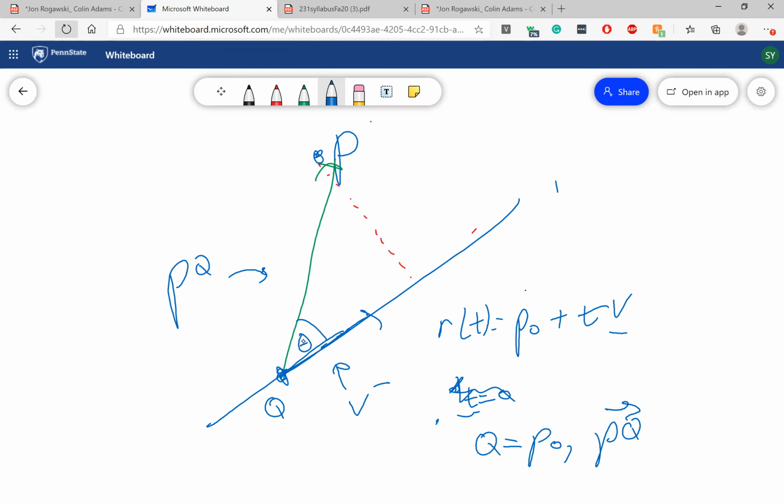And then you can use this angle and the magnitude of PQ to find the height over here with the formula that the height is going to be equal to the magnitude of PQ times sine of this angle over here. So that's one way you can finish this problem.